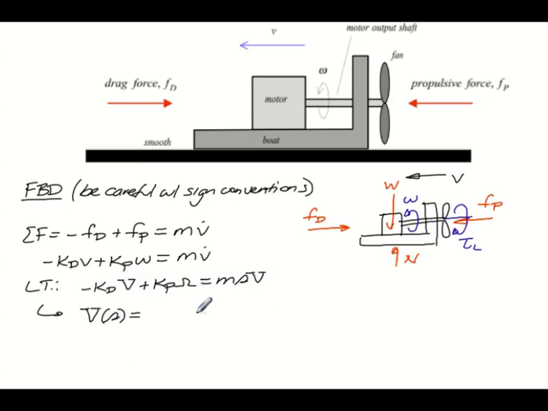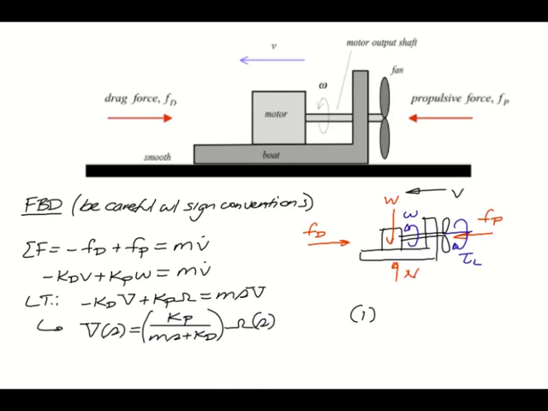So V of s is going to be equal to Kp on top divided by ms plus K sub d on the bottom times the Laplace transform of the rotation rate of the propeller. So we'll call this equation 1.